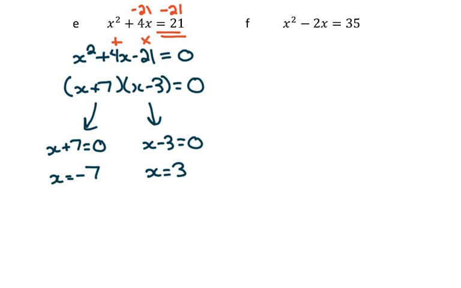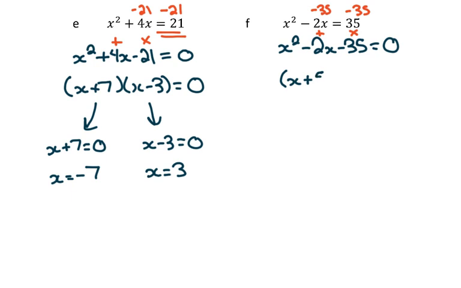Same deal on F. We need to move that 35. We'll subtract it from both sides. No like terms means x squared minus 2x minus 35 equals 0. We need two numbers that will multiply to negative 35 and add to negative 2.